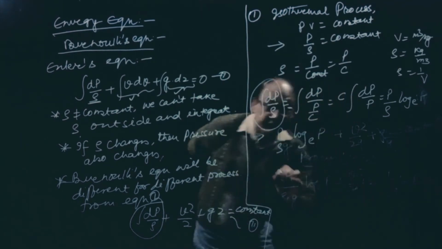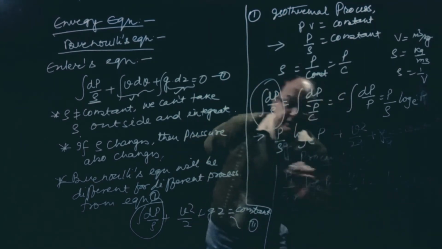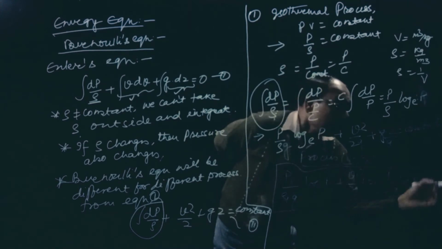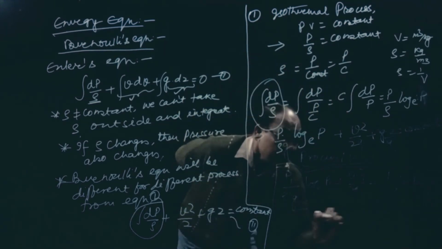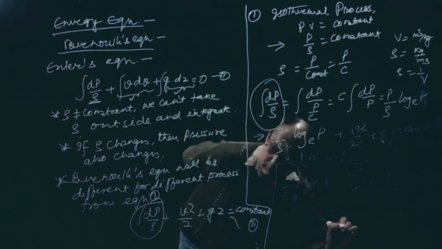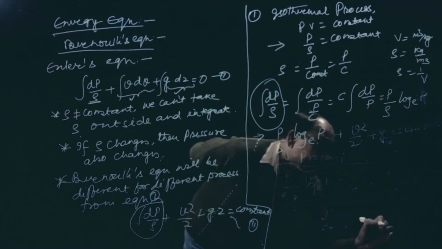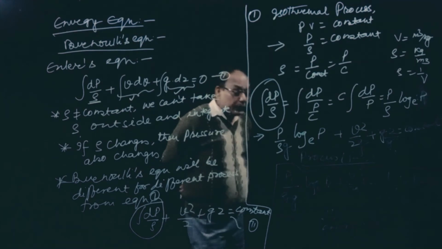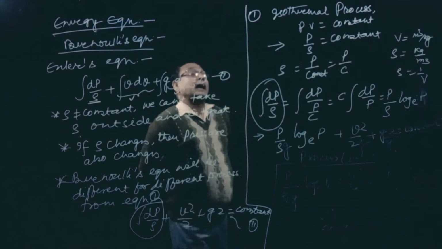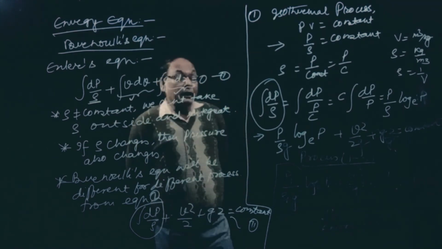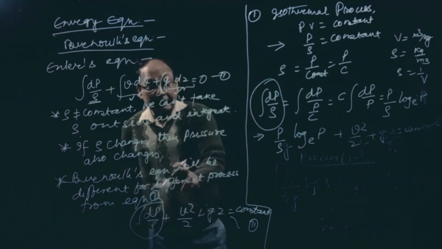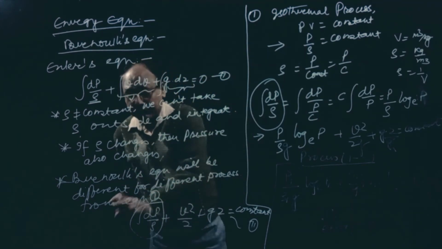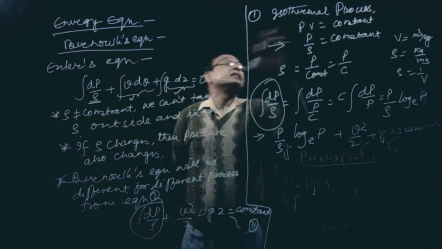This equation is known as the energy equation, or the Bernoulli equation for the isothermal process. As I told you, the Bernoulli equation will be different for different processes, and this is for the isothermal process.